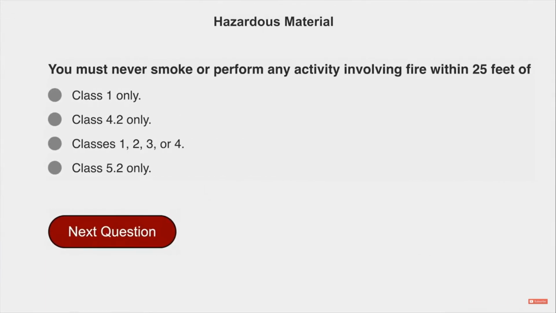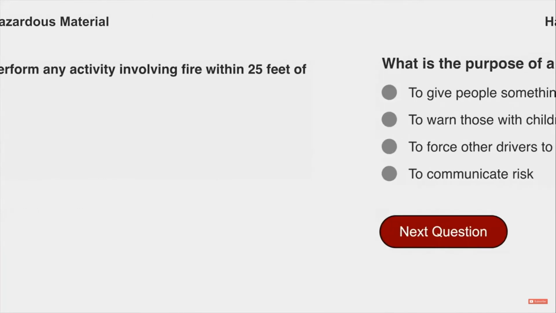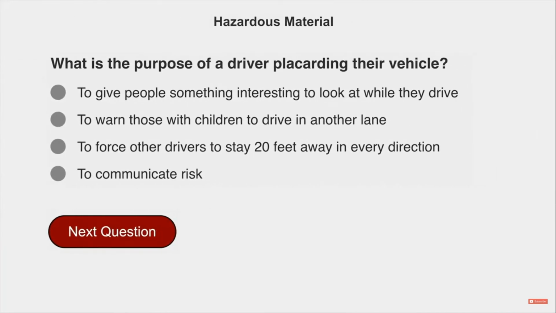You must never smoke or perform any activity involving fire within 25 feet of classes 1, 2, 3, or 4. What is the purpose of a driver placarding their vehicle?